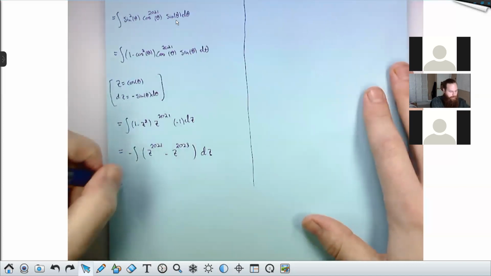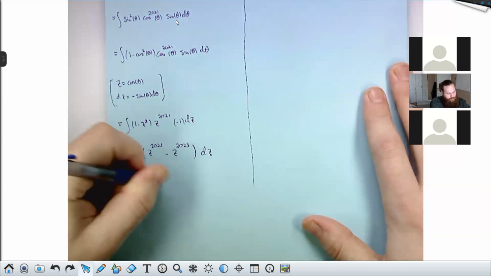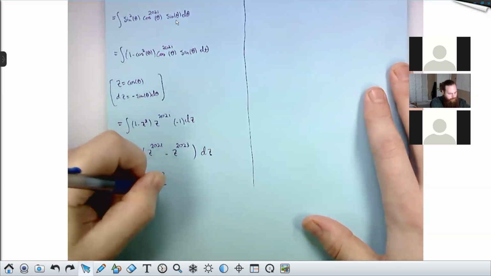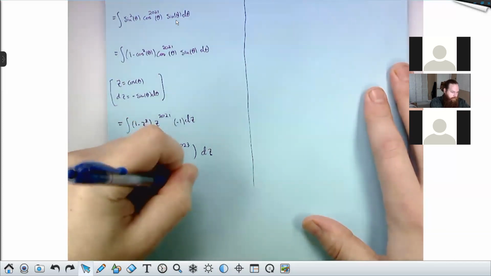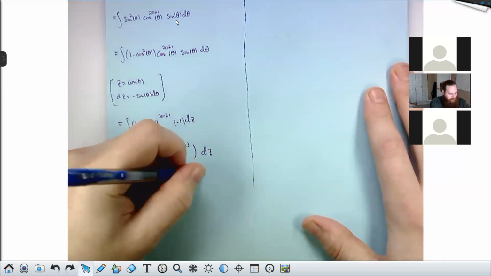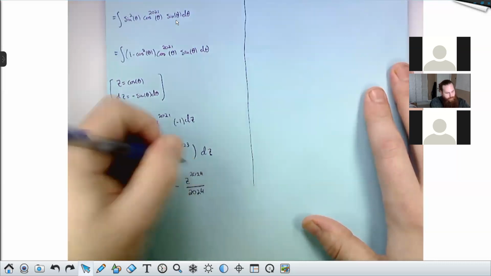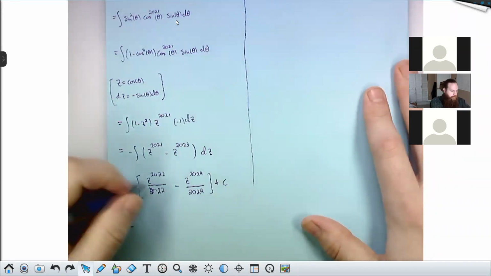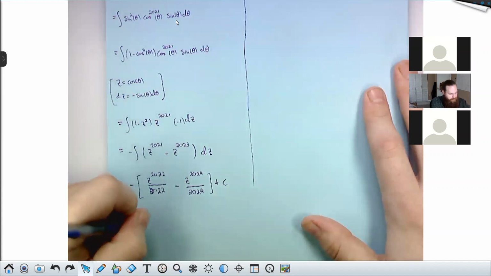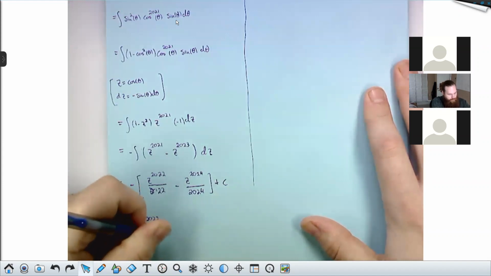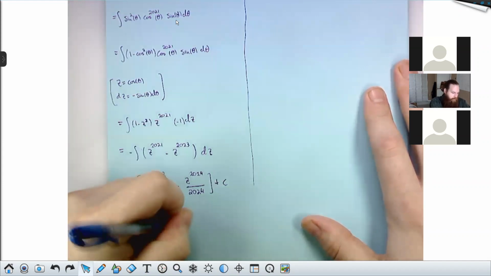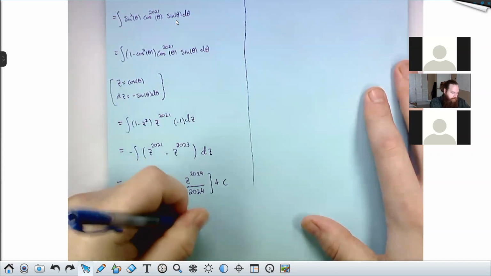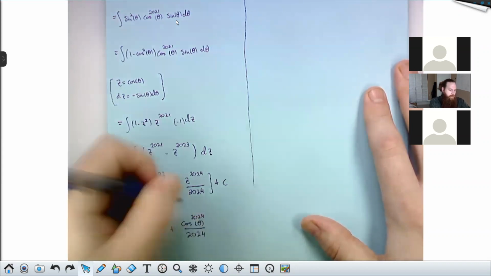And this is not hard, right? Power rule. That's negative z to the 2022 over 2022 minus z to the 2024 over 2024 plus c, which would be, and I'll distribute my negative and go back to my original variable, negative cos 2022 theta over 2022 plus cos 2024 theta over 2024 plus c.